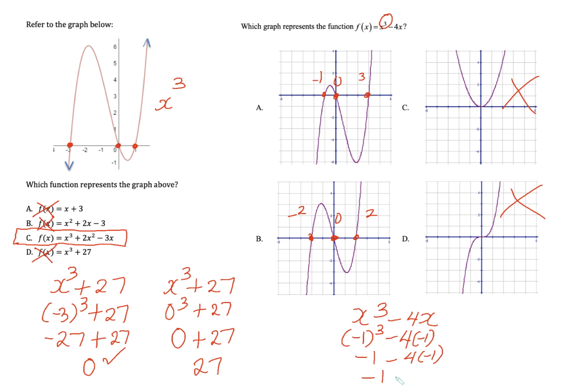Negative 1 minus 4 times negative 1 is negative 1 plus 4. And when the signs are different, you subtract and keep the sign of the larger. So by plugging in the negative 1, I did not get 0, I got 3. So your answer is B.